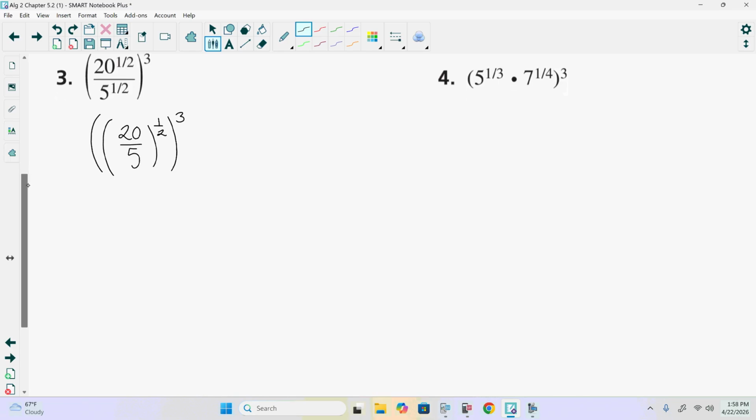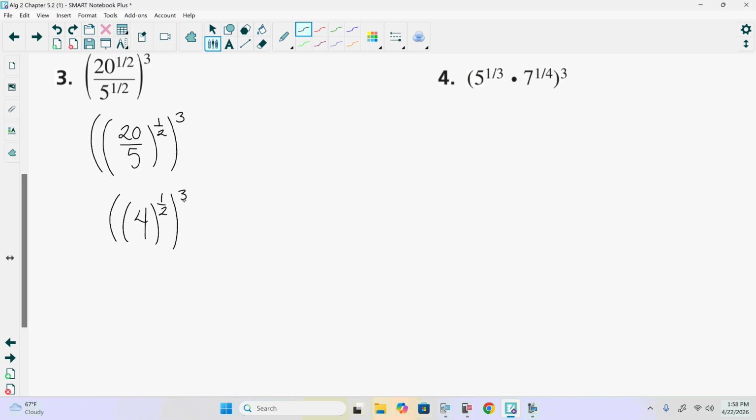And again, just like before, the reason we're doing this is that 20 over 5 is 4.